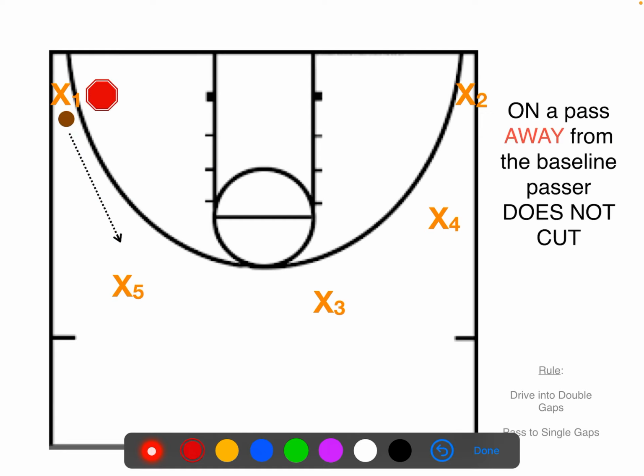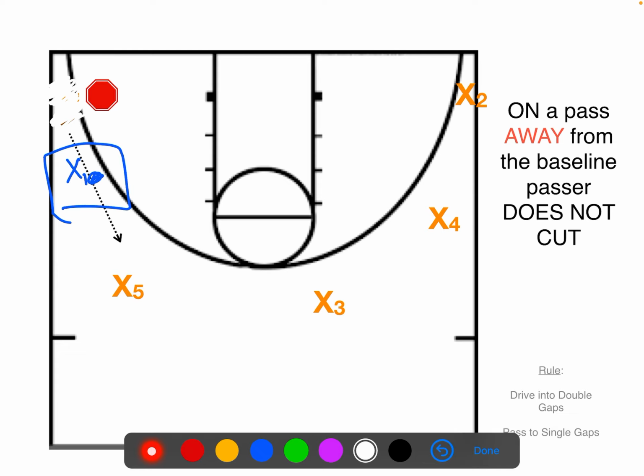Now, another rule, if we are passing up, then we know that X1 stays in that corner. Anytime we pass up or we pass away from the baseline, then the passer stays and spaces out. Really the only little exception to this: let's say X1 had the ball up here in this spacer spot, and this spot in the corner was open for whatever reason.